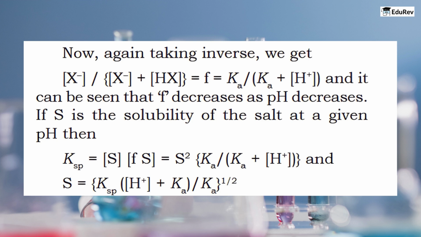Let's say the solubility of the salt is S. Then Ksp equals S multiplied by FS, which gives us Ksp equals S squared multiplied by F. Solving for S, we get S equals square root of Ksp multiplied by H+ plus Ka divided by Ka. So finally, solubility increases when H+ increases, or in other words, when pH goes down.